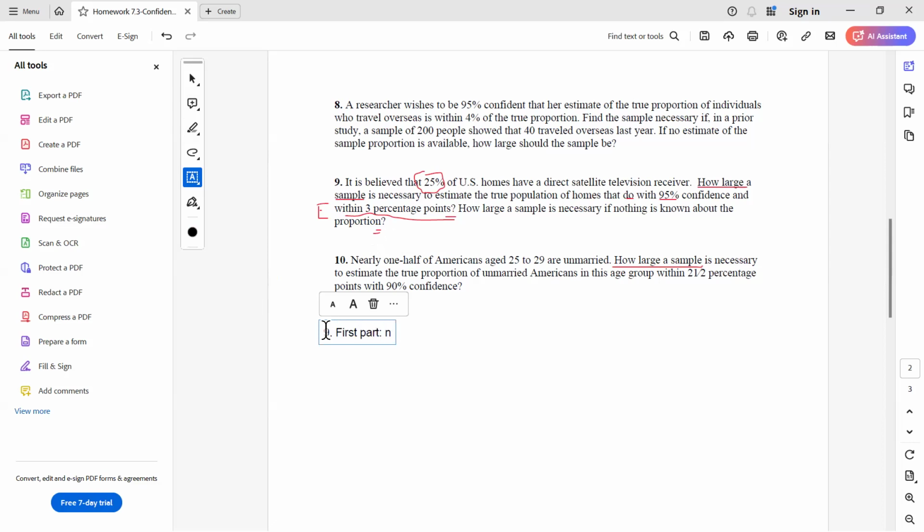What do we have? We have n. We don't know what n is, but we do know that our confidence level is 95%. Now we need the confidence level, not so we can form the confidence interval, but so that we can figure out what our z is.